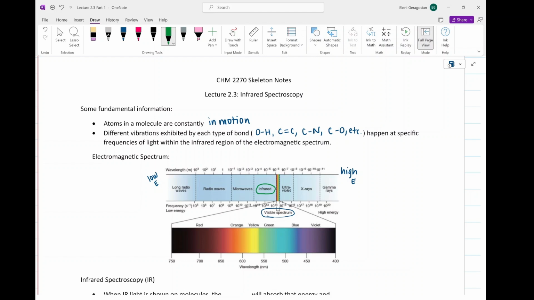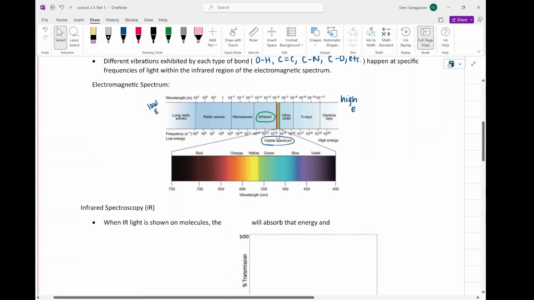So infrared light can be absorbed by molecules, and that's the principle upon which IR spectroscopy is generated. So when IR light is shown on molecules, the bonds in that molecule will absorb the energy and vibrate.